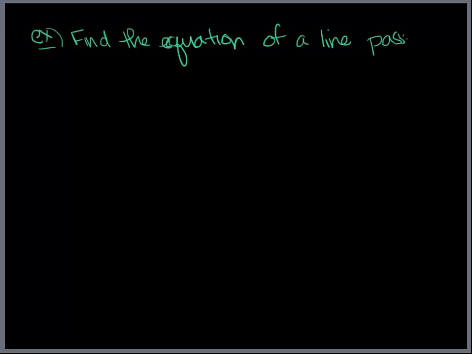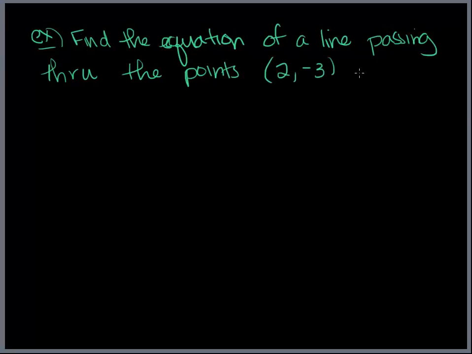And what I want to do here is find the equation of a line passing through the points 2, -3, and, I don't know, 1, let's say -5.